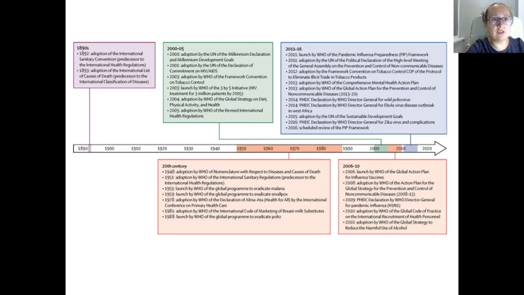The Convention on Climate Change 1992, the Convention to Combat Desertification 1994, the Convention on the Transboundary Effects of Industrial Accidents 1992 also, and the Kyoto Protocol of 1997 to the Convention on Climate Change of 1992.